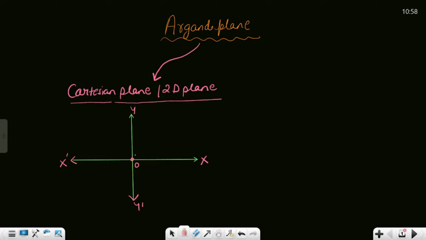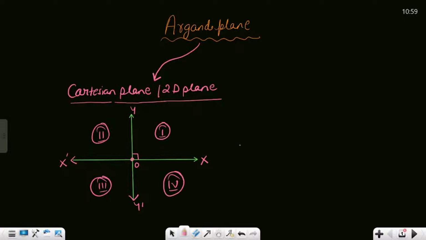We all know these x-axis and y-axis are, according to Euclid's geometry, orthogonal to each other, and they divide the whole coordinate system into 4 quadrants: first quadrant, second quadrant, third quadrant, and fourth quadrant.